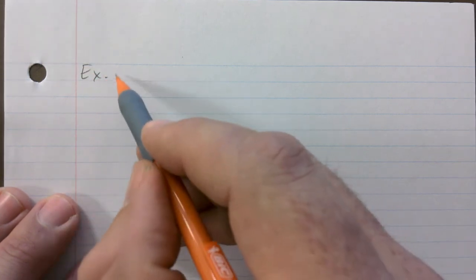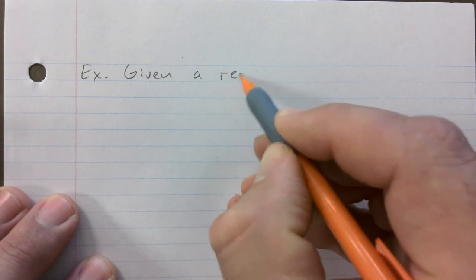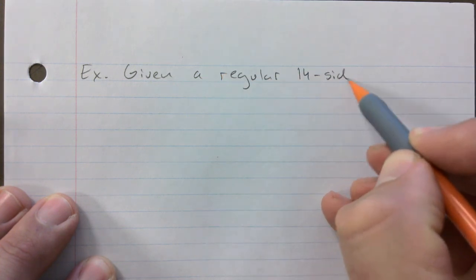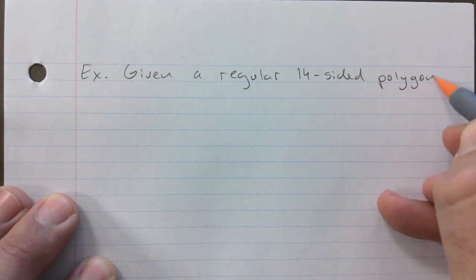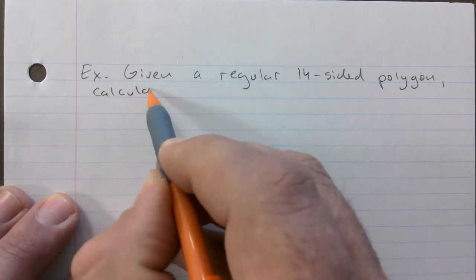Example, given a regular 14-sided polygon, calculate. Make sure I write this down.